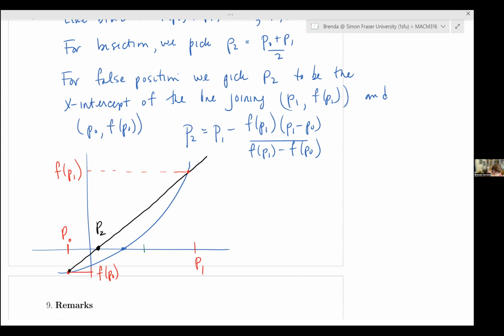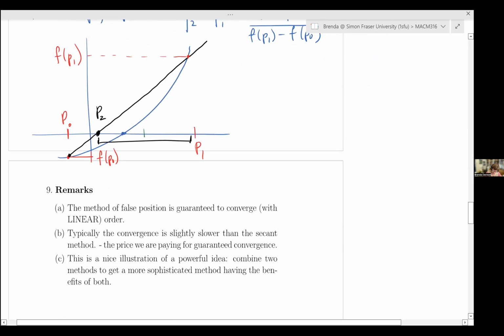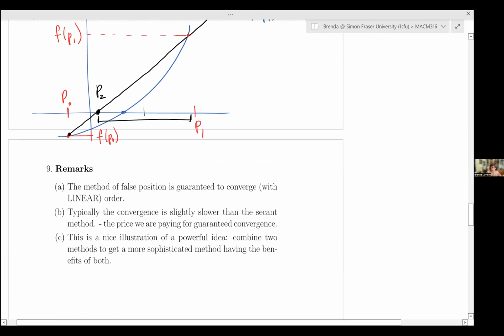Okay, so then just like the bisection method, once we've identified this P2, we would then move to working in this interval here, because that interval there brackets the root. Like bisection, the method of false position is guaranteed to converge, and it does so with linear order.